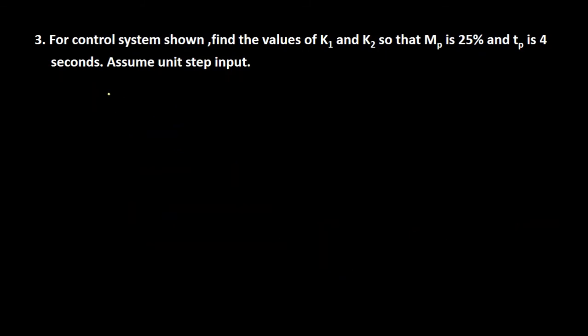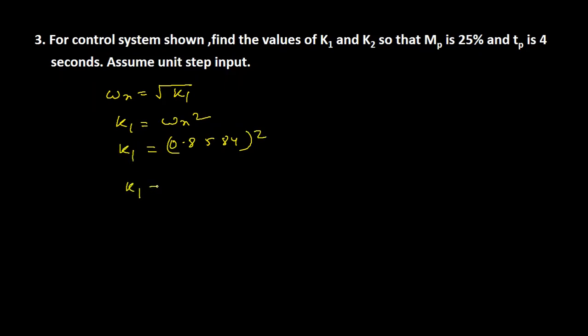From equation A, we got omega n is equal to under root K1. So K1 will be equal to omega n square. Now we will put the omega n value here. Omega n was 0.8584 square. We will get K1 will be equal to 0.7369. So this is the value of K1 which we wanted to find.